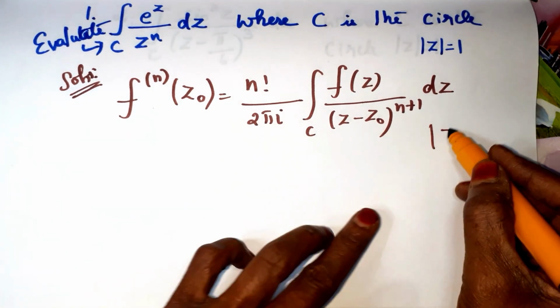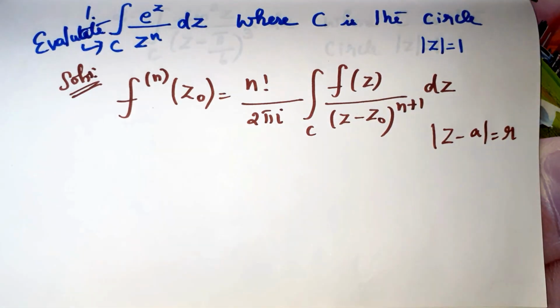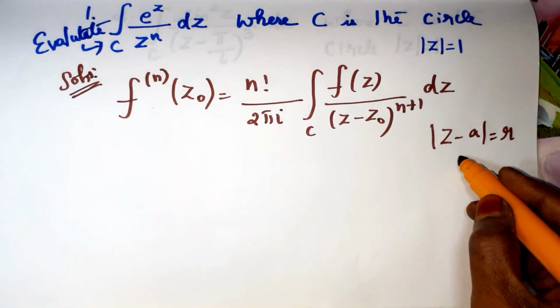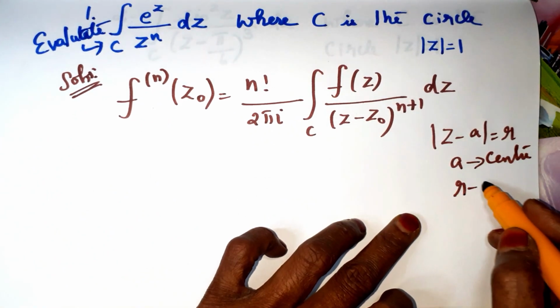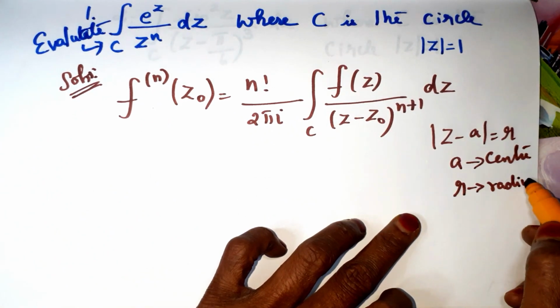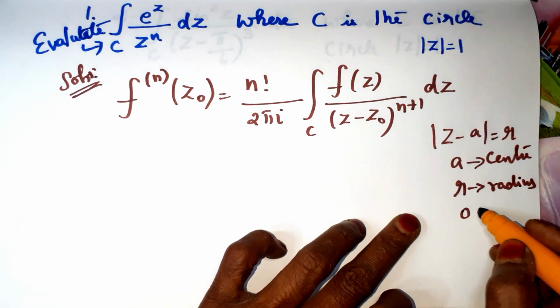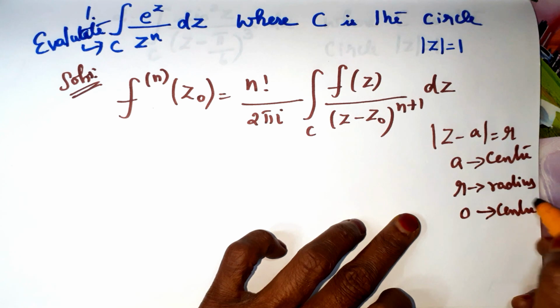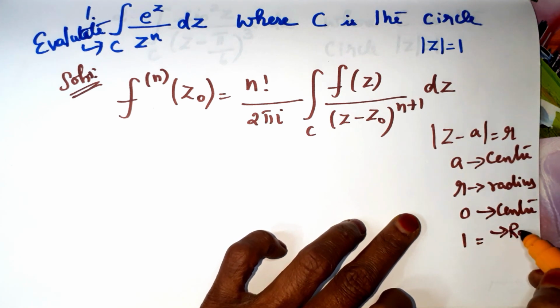Modulus of z minus a equal to r. That means a is the center, and r is the radius. Am I right? Here center is 0, and radius is 1.